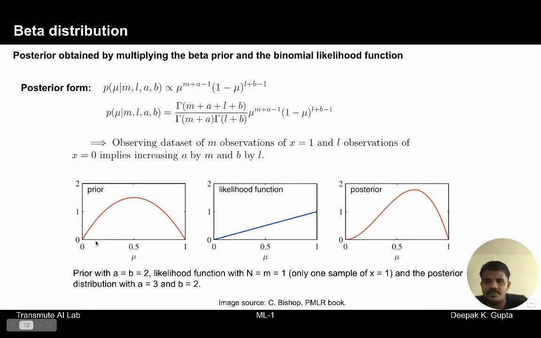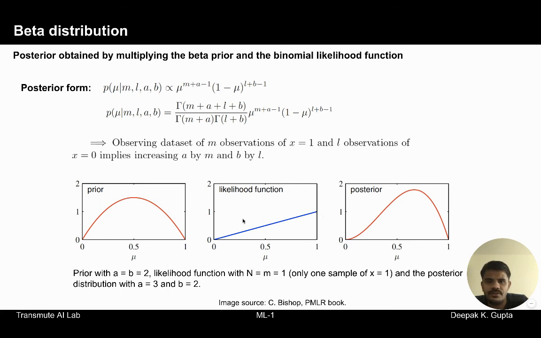So this is one example. This is our prior. Initially we see that our prior has a peak at 0.5, so equal probabilities and symmetric around 0.5. And then we have a likelihood function which shows that the probability of x equal to 1 is higher.